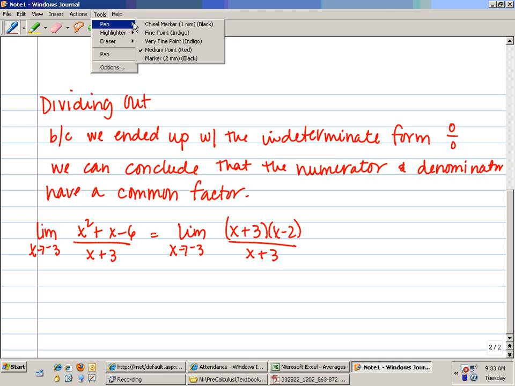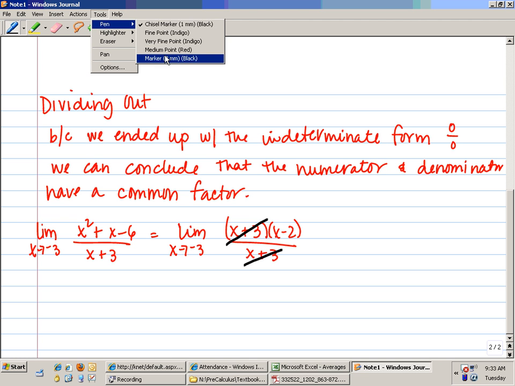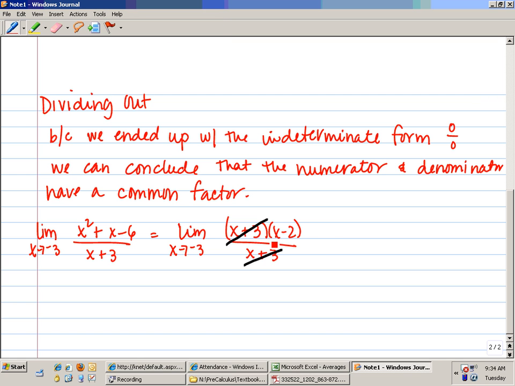You can see that these two, x plus 3, will cancel out.